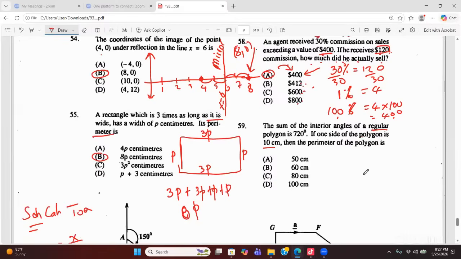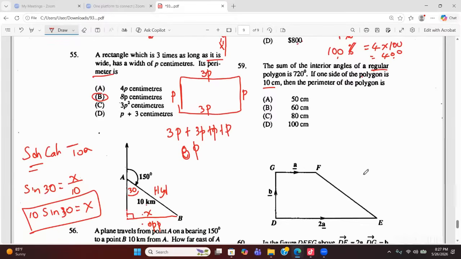All right, let's go to 59. So remember 59 now. The interior angle of any polygon is what you need to have under your belt. So your interior angle of any polygon is 180(n minus 2). This tells the total interior angle when you know the sides.